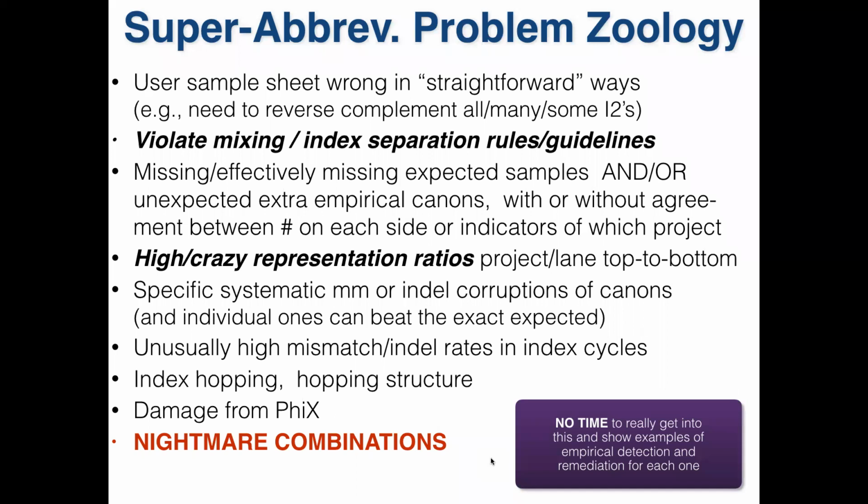So first one is if the user sample sheet is wrong in some pretty straightforward way, or could be a pretty gross way. So it could be that, for example, all of their I2 sequences are reverse complements. You think, well, how does that happen? Well, it's because whether you put a sequence or a reverse complement there is related to the platform.